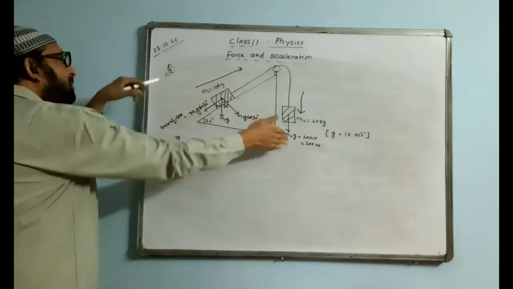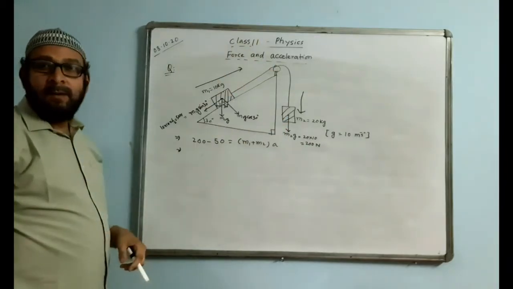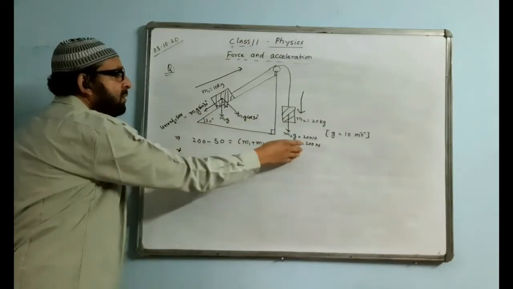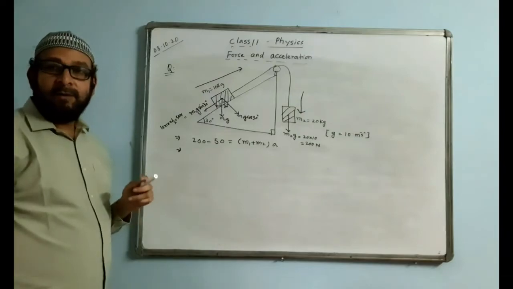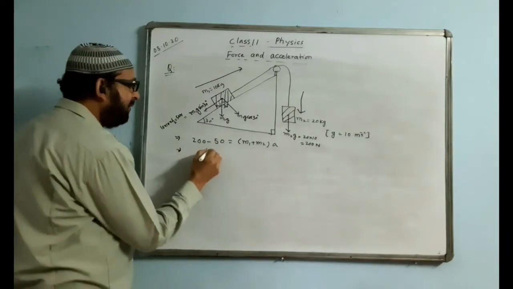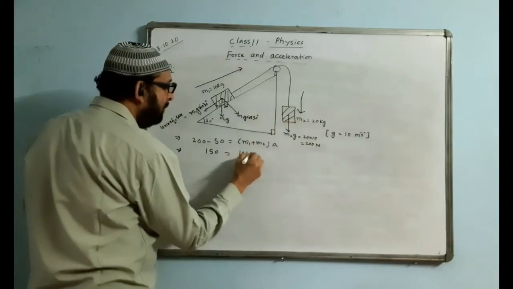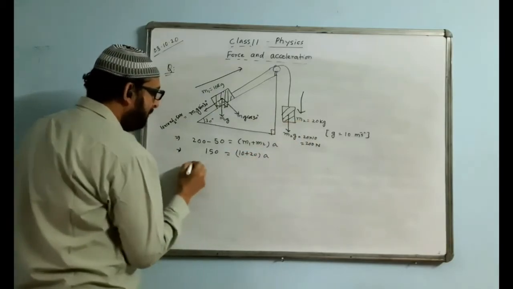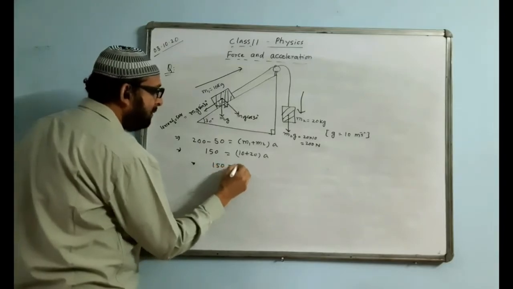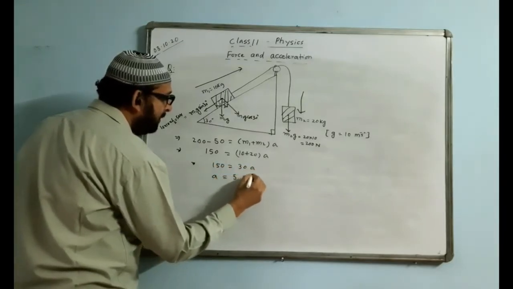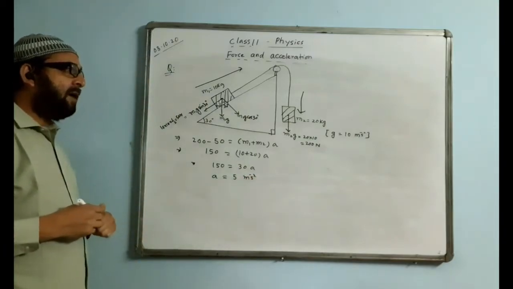This will be going down and this will be going up. The equation will be made that way: this minus this force is equal to the mass of both blocks into A. Now we calculate: this is coming 150 equals (10 plus 20) into A. This will come 150 equals 30A. Therefore the value of A is coming 5 meters per second squared. That is the value of acceleration.